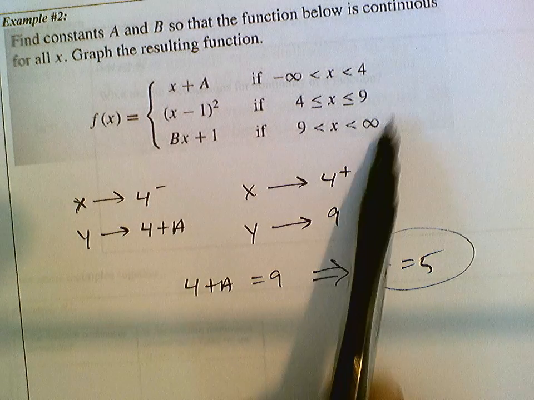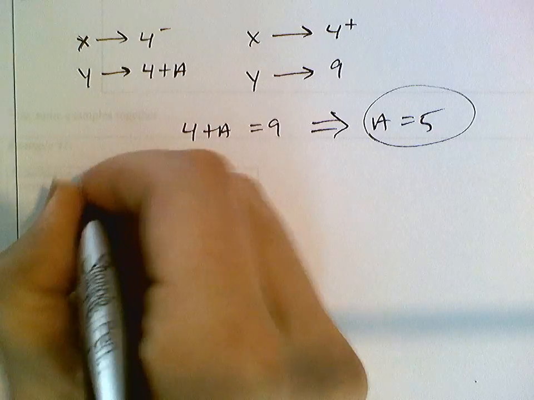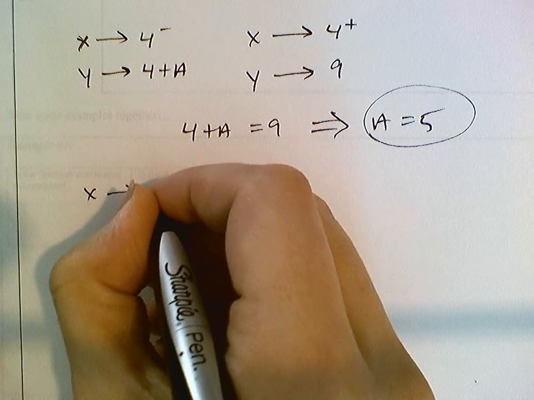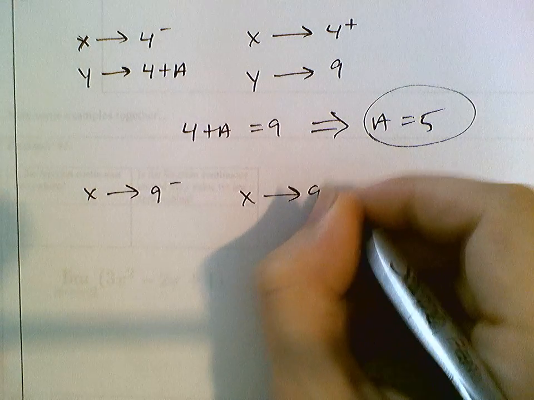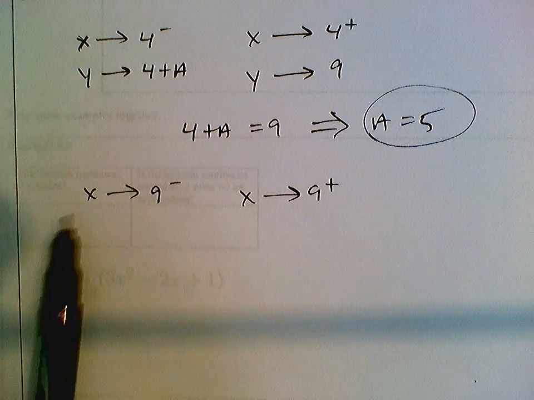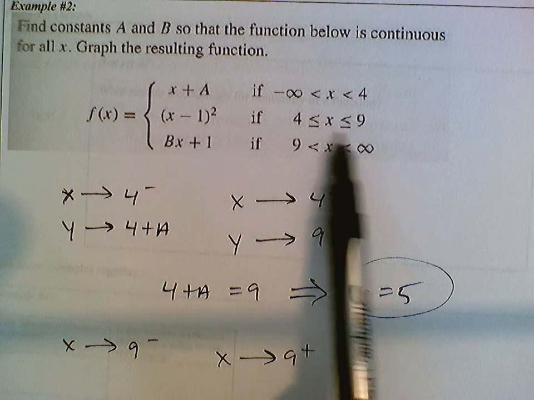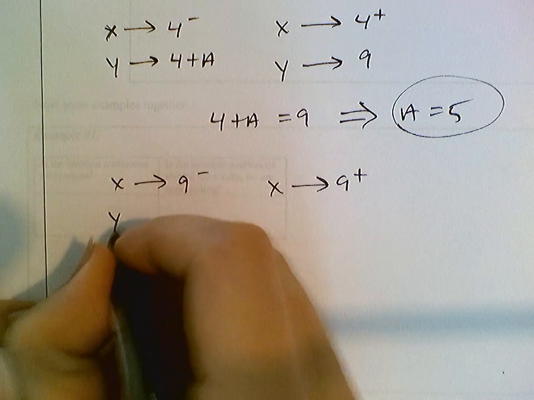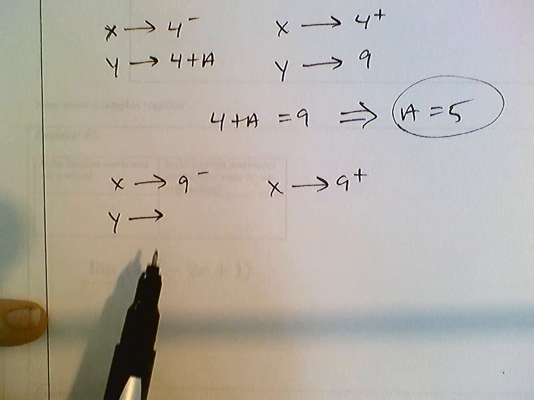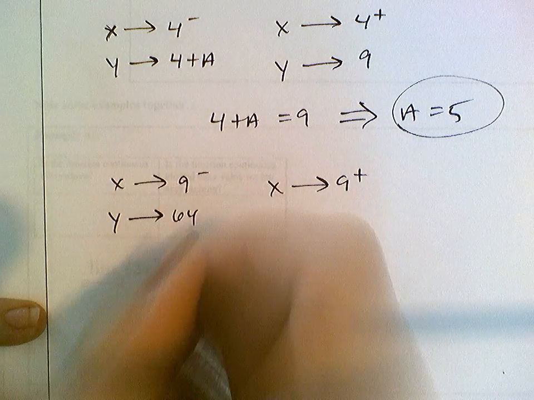Now I have to do the other endpoint, which is 9. So x is approaching 9 from the left, x is approaching 9 from the right. As x approaches 9 from the left, we're thinking about this interval. So y is approaching 9 minus 1, 8 squared, 64.